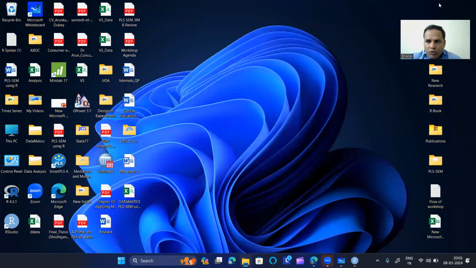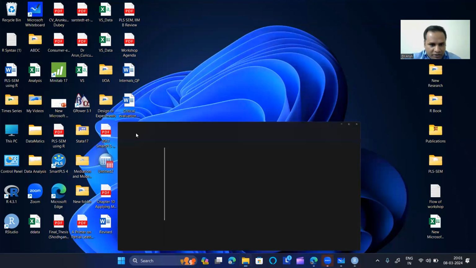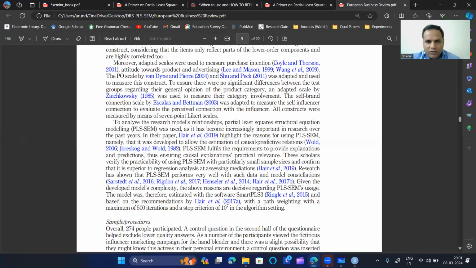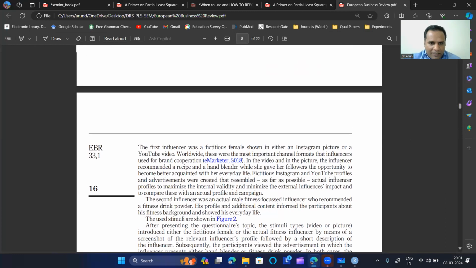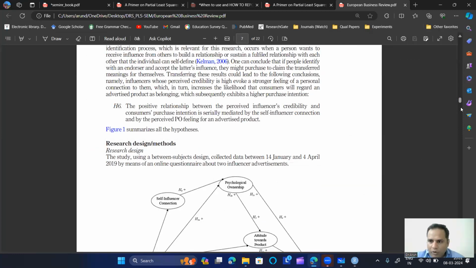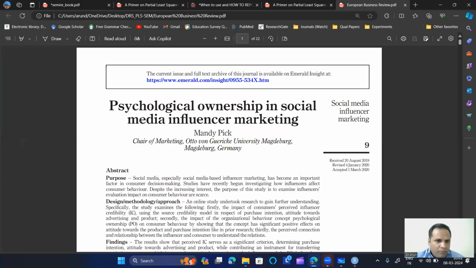Let me show you some of the papers where people have talked about predictive validity of the model. This is one of my favorite papers, in European Business Review, and it talks about the same model that we have tested, psychological ownership in social media influencer marketing.